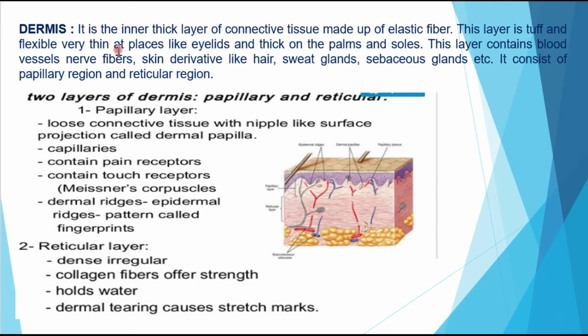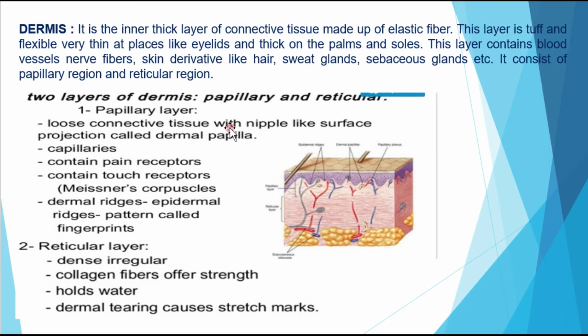Now this is the dermis, the inner thick layer. You can see here on this figure, it consists of a fibrous layer and the papillary layer, or these projection layers that project into the epidermis. It is the thicker, inner layer of connective tissue made up of elastic fibers. This provides elasticity to the skin.